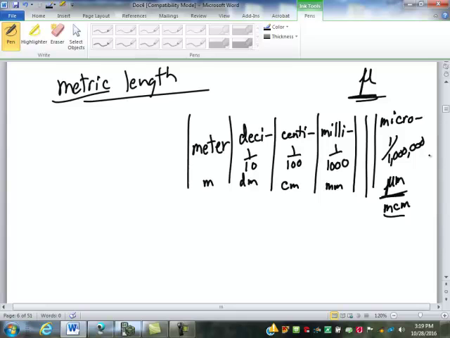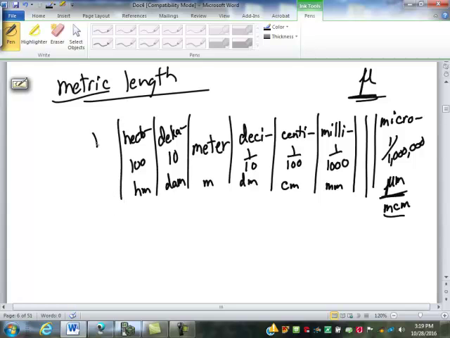So going larger, we have deca. The prefix deca means 10. Now dm is decimeter, so for deca they had to use dam. Then they had hecto. Hecto stands for 100, so hm is a hectometer, or 100 meters.